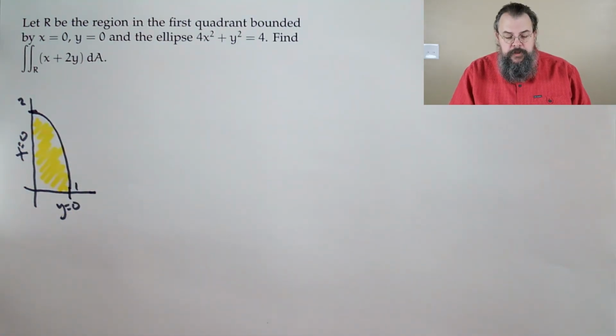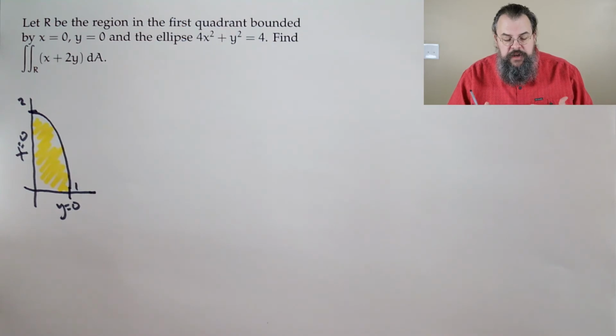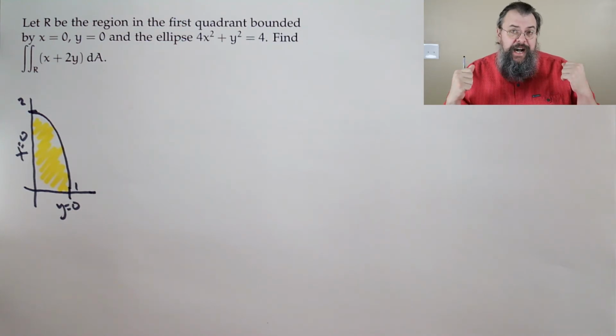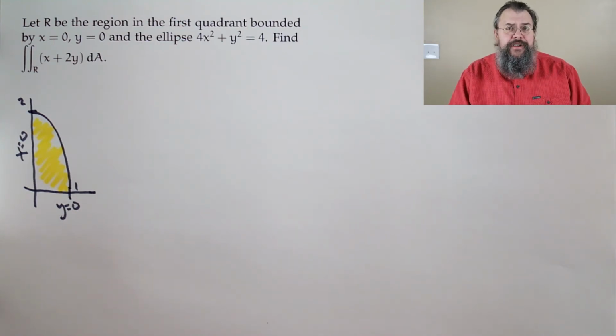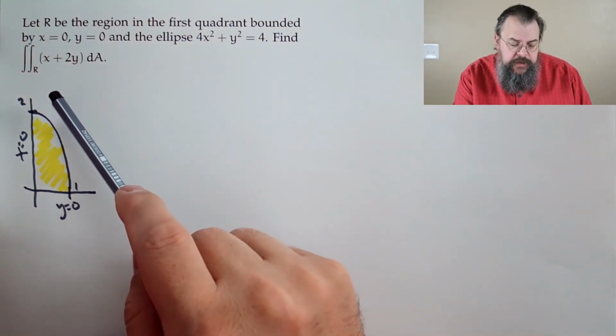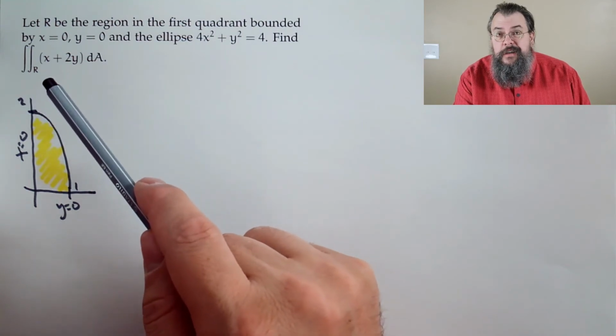Okay, well, what's the expression? Now, in some sense, we have to make a decision. Do we think it's easier to integrate with respect to x or with respect to y? I don't think either of them has a clear advantage here, because both functions look more or less the same, x and y.